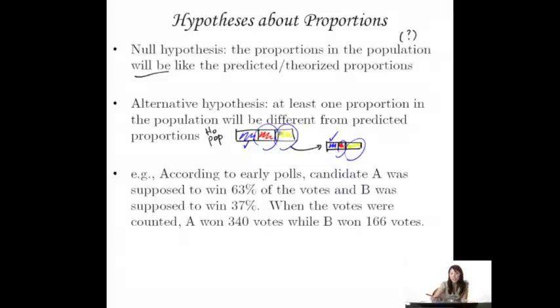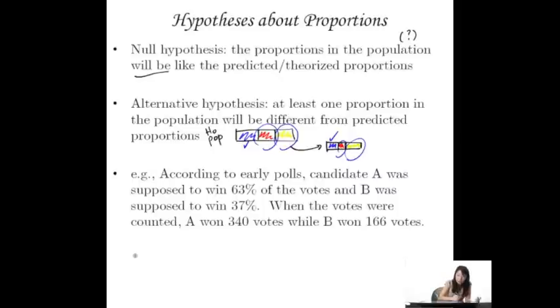All right, so just to give you an example, let's turn this problem into a null hypothesis and an alternative hypothesis. Okay, so here it says, according to early polls, candidate A was supposed to win 63% of the votes, and candidate B was supposed to win 37%. When the votes were counted, candidate A won 340 votes, while B won 166 votes.